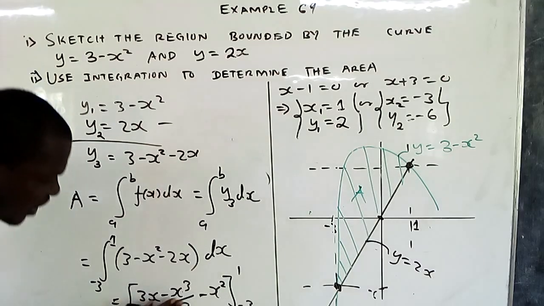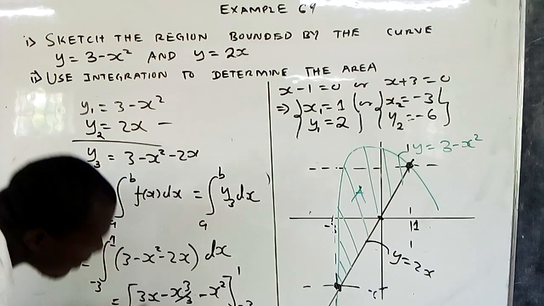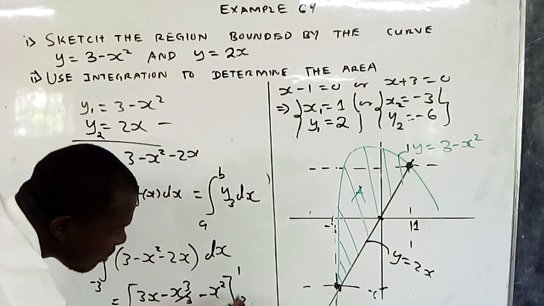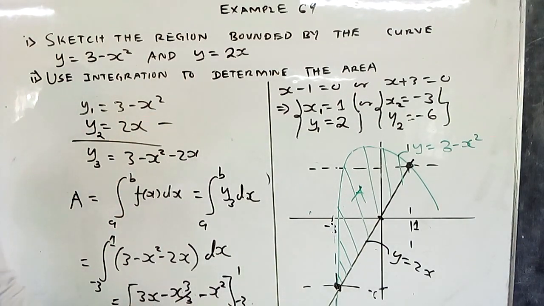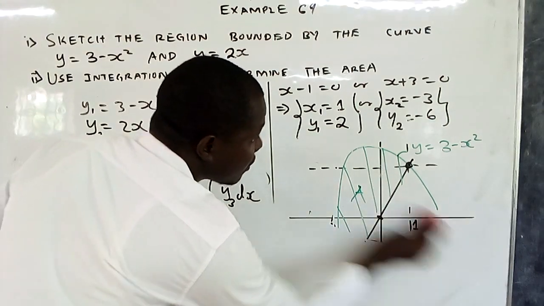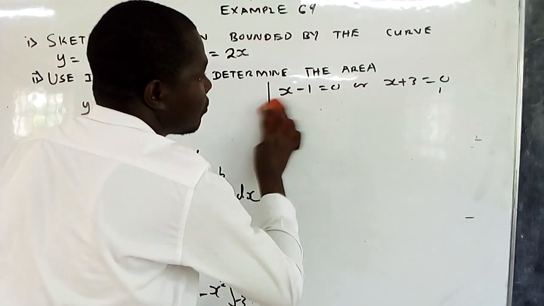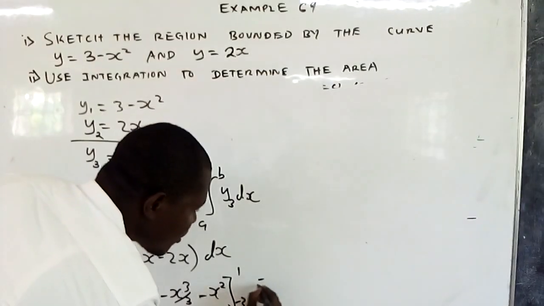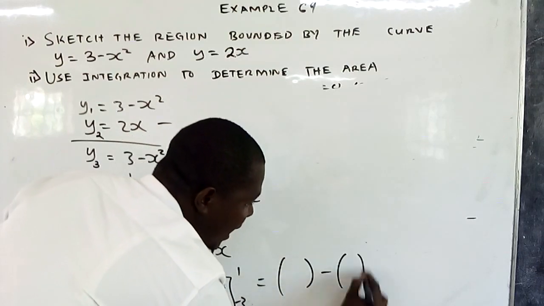So this is 3x minus x cubed over 3 minus x squared, with limits from -3, the lower limit, to 1. Can you substitute there and tell me what you get? Substitute the limits. This is equal to upper limit minus lower limit.